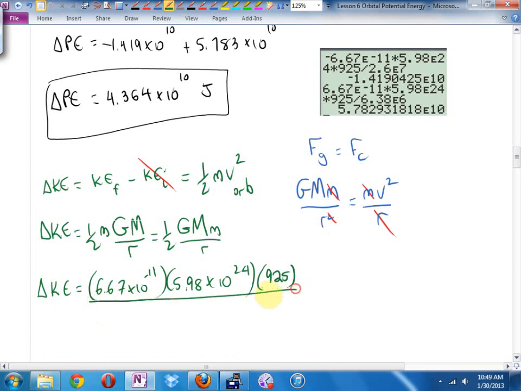Divided by 2 times 6.38 times 10 to the 6th. If you backspace on your calculator, you've got the whole top typed in again. You might have to go second function, enter second, and backspace a couple of calculations, but you've got the whole top typed in again.